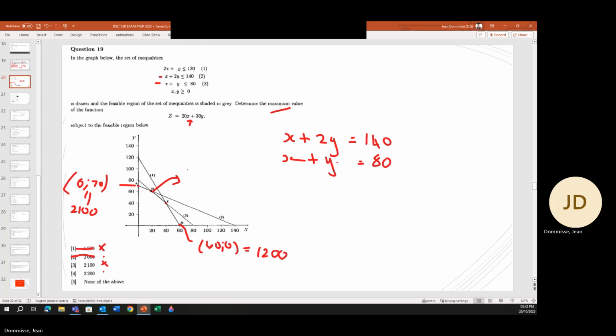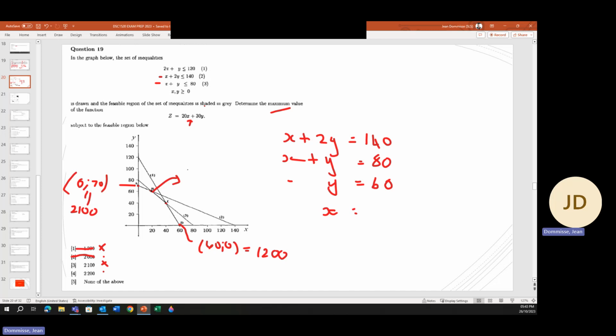So to make this easier, we will subtract the second one from the first one. So X minus X will be 0. 2Y minus Y will be Y. 140 minus 80 will be 60. So we will have Y as 60.